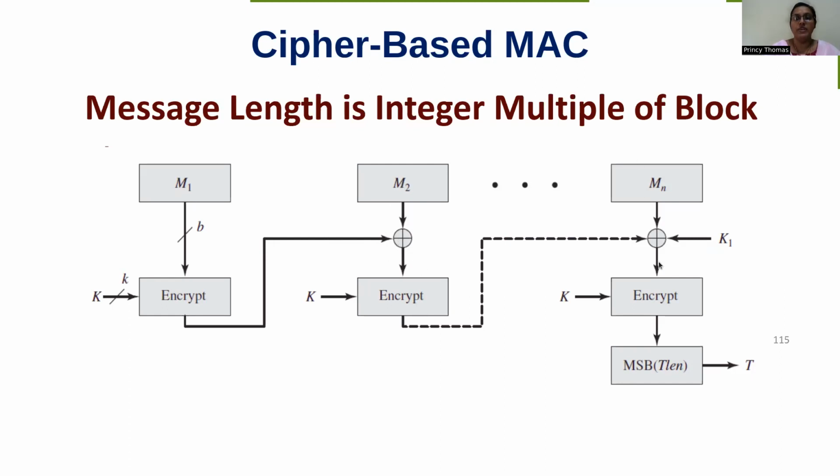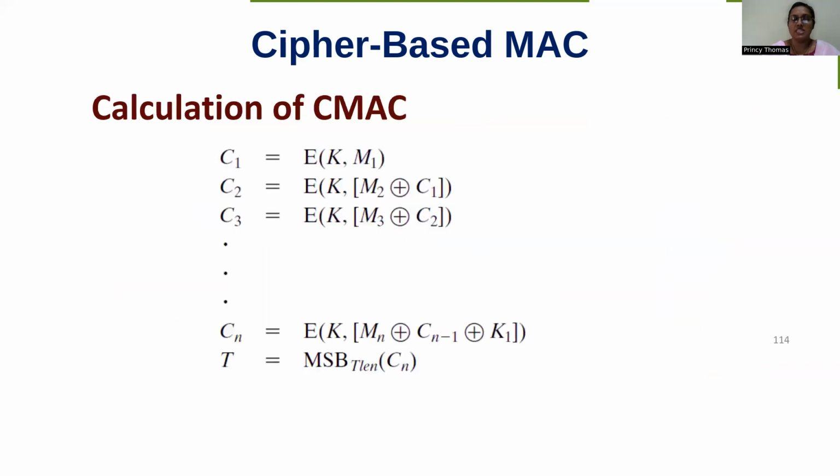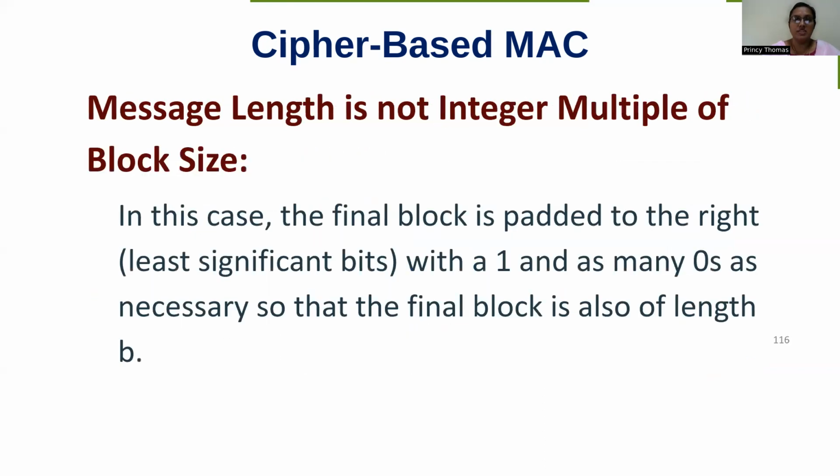This keeps continuing till the last block is XORed with the previous cipher and the key K1, and then it is encrypted. From this encrypted value, as many bits as are required are taken from the most significant bits, and the MAC is created. Okay, this is what we saw in the previous slide. This is the diagrammatic representation.